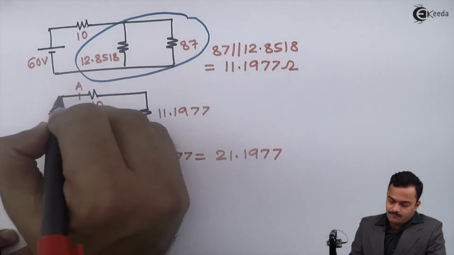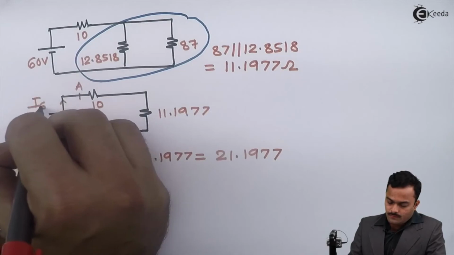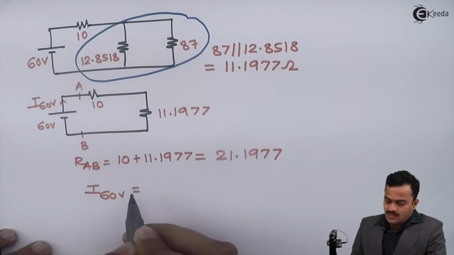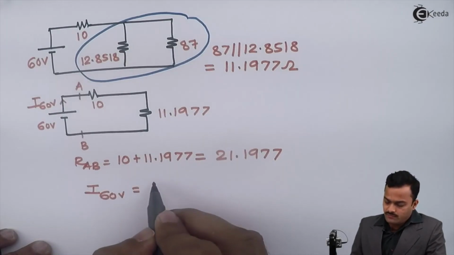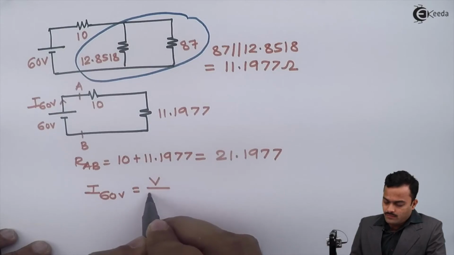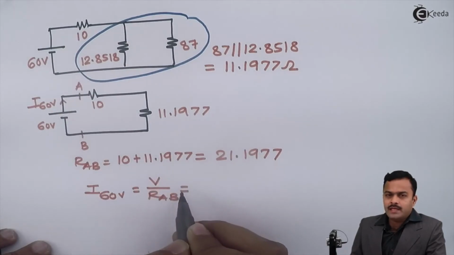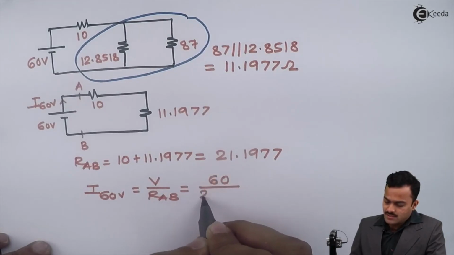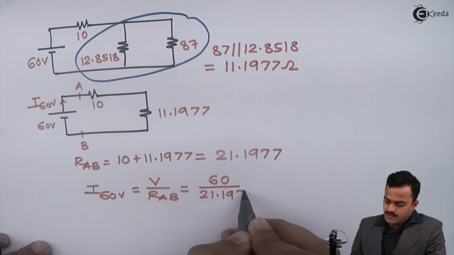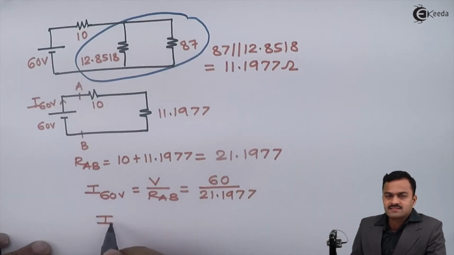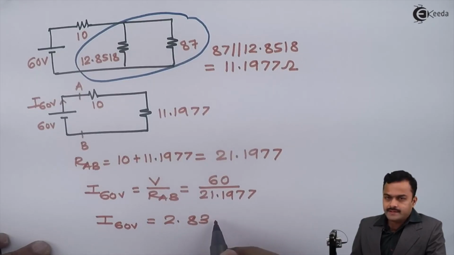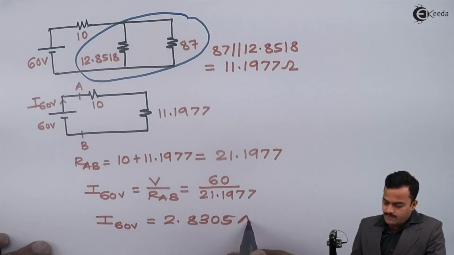And by applying simple Ohm's law, I can say the current supplied by this battery of 60 volt will be V by RAB, and voltage is 60, resistor is 21.1977. So the current supplied by this battery of 60 volt will be 2.8305 ampere.